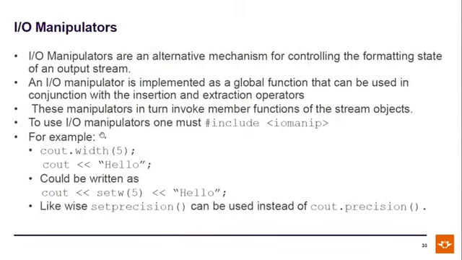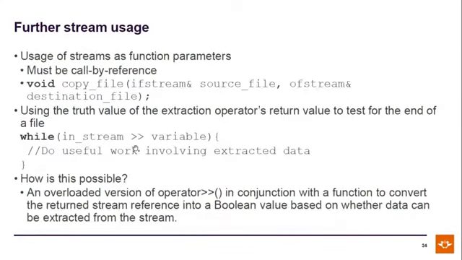In this slide you were looking at IO manipulators, for example for adding certain formatting options in your stream, say an output stream when you're outputting data. The next slide covers further stream usage.